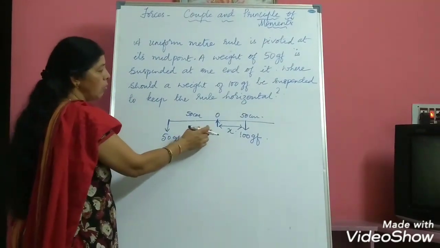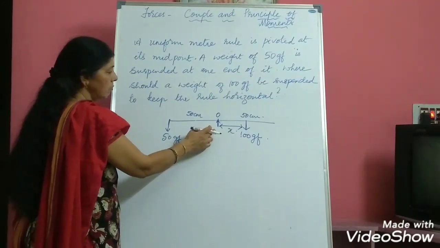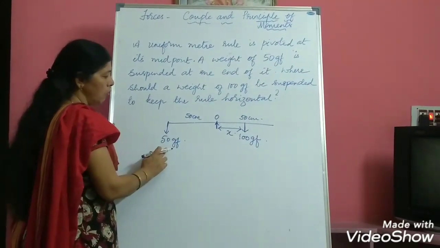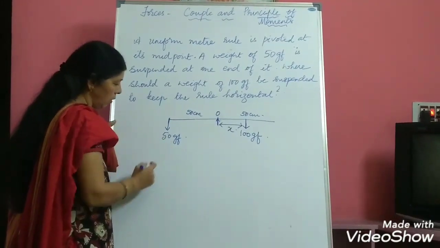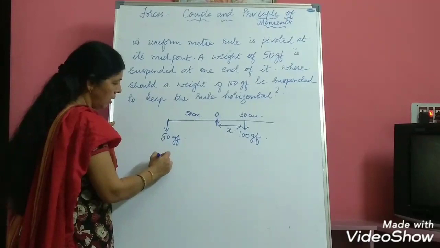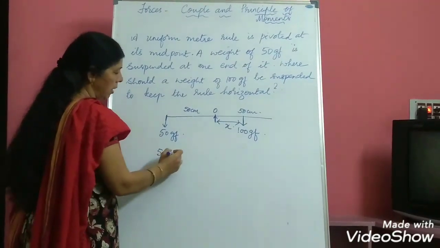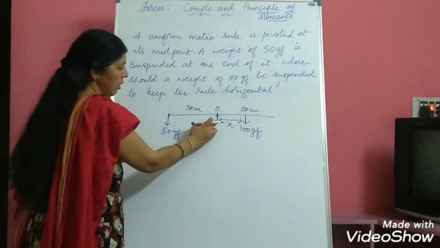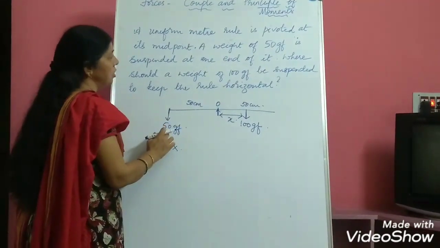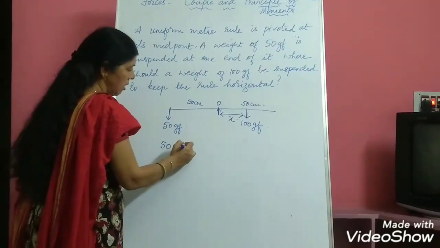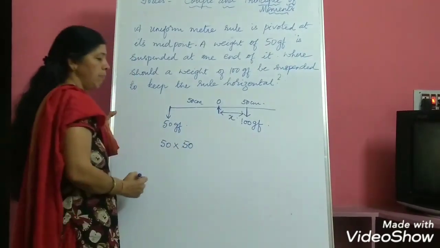Now, let us calculate what is the moment of force at this point. So, it will be equal to 50 multiplied by, now, from the fulcrum or pivot, what is the distance at which this weight is hung? It is 50 centimeter.